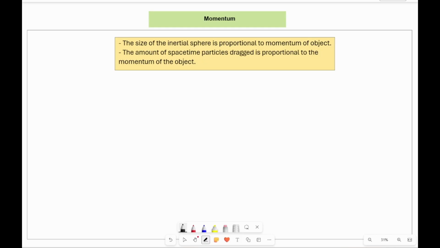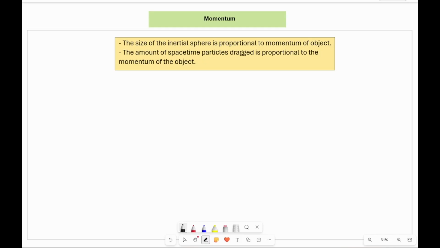We're going to have to look at that in more detail later, because we'll have an increase in density due to the increase of velocity, and I'm not sure if exactly the radius is going to increase or if it's going to be perceived to increase from the moving perspective. But the point is, the faster an object is moving, the more space-time particles it will drag with it.